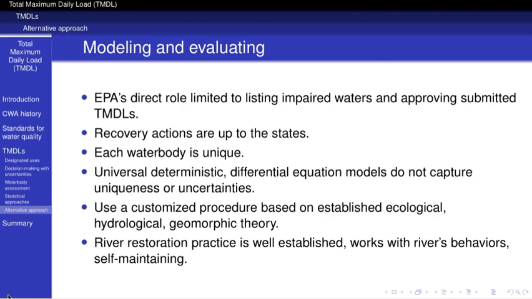When an assessment indicates the need for remedial TMDL, a custom-fit approach based on established ecological, hydrological, and geomorphic theory should be developed and implemented. The theory and practices for river restoration are well established because they work with the river's natural tendencies and result in self-sustaining and fully functional aquatic ecosystems.